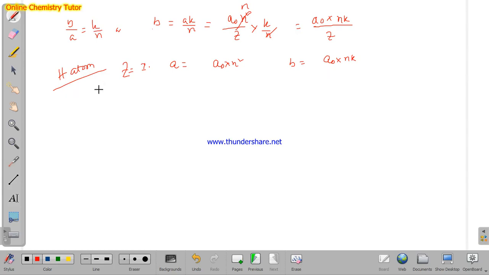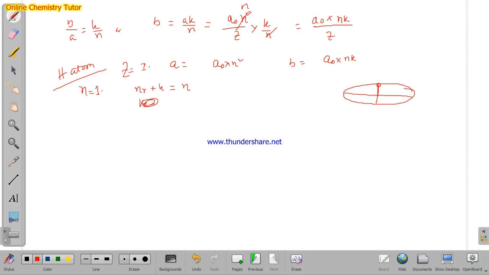For hydrogen atom, for the first orbit, for n equal to 1, we know nr plus k equals n, okay. So for n equal to 1, we know that the value of k cannot be 0. We discussed this: this is our orbit, this is the major axis, this is the minor axis.